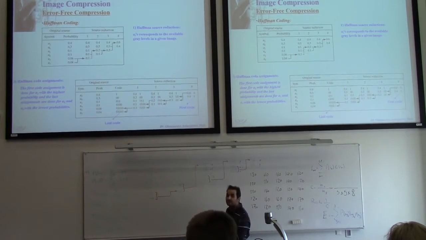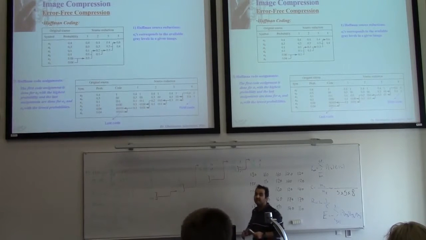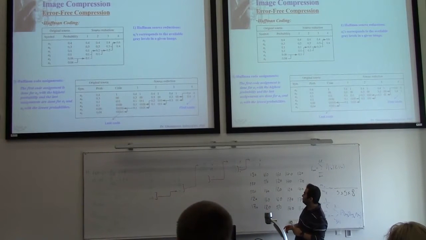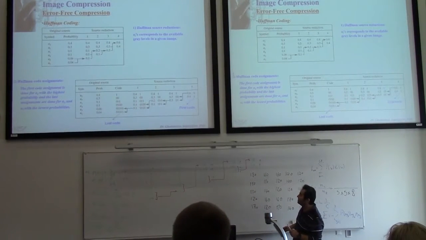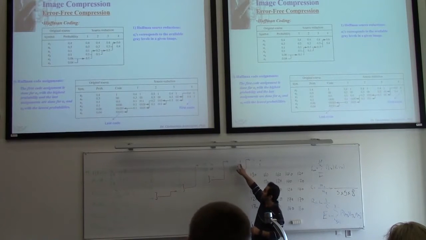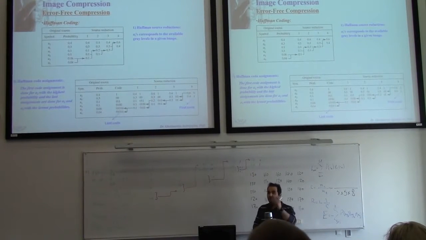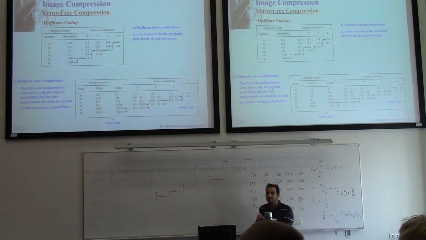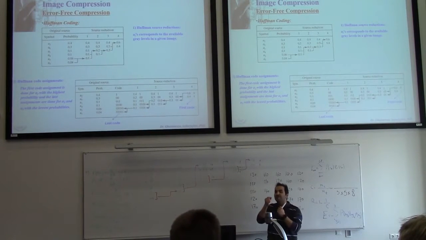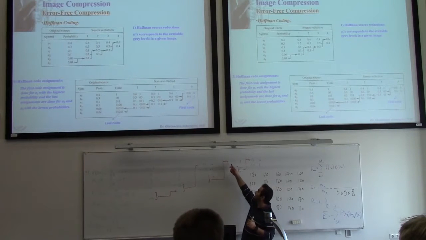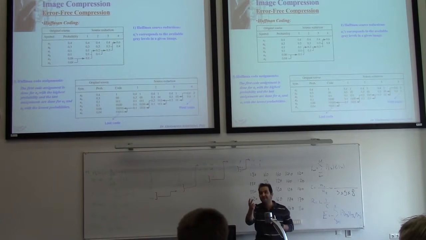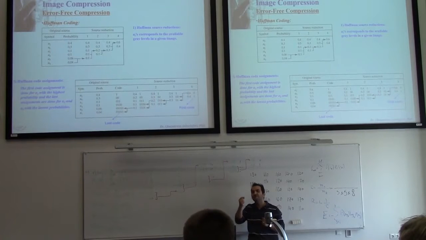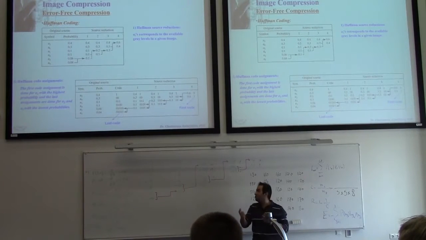But how do you distinguish them? Why can't we put the same value on them, 1 0 and 1 0 for both of them? No. This is a combination of two probabilities, so for each one, we have to assign one more bit.